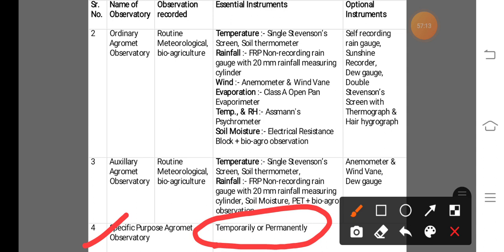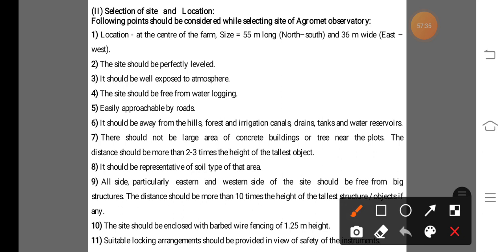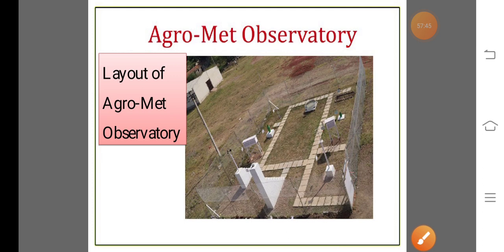Now the next point, site selection of agromet observatory. This is the second point in our procedure. In case of site selection of agromet observatory, the following 11 points should be considered while selecting the site.